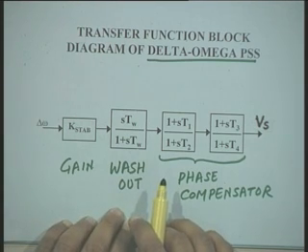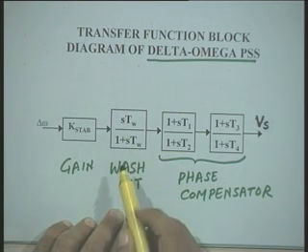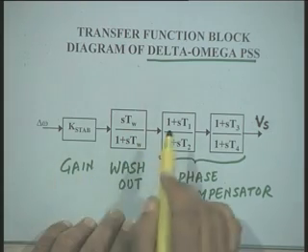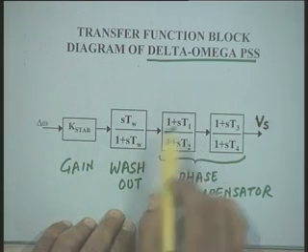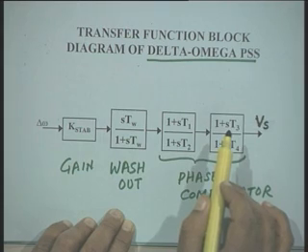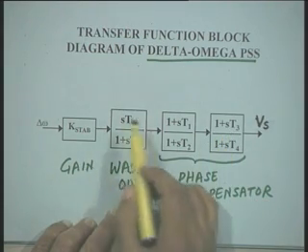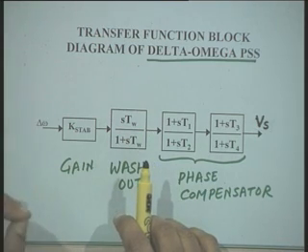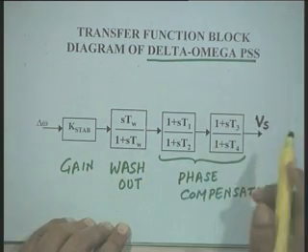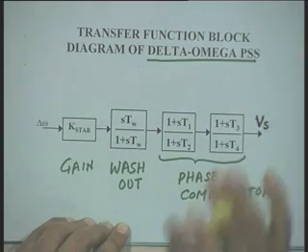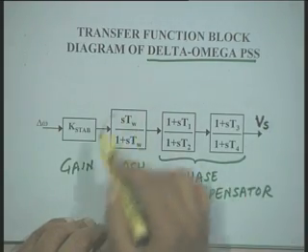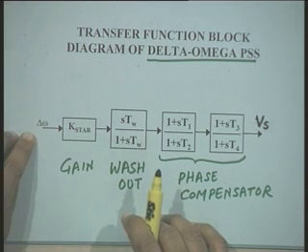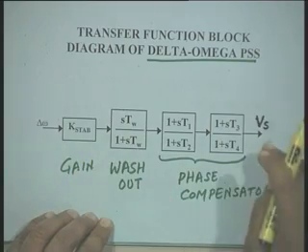This washout block is provided to allow the high frequency signal of interest to pass and not to allow the steady state deviation to pass and change the terminal voltage, because if this block is not provided, then if there is a steady state change in the rotor speed, this steady state change will be reflected in the terminal voltage change.